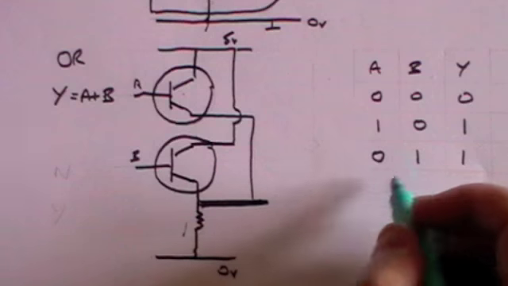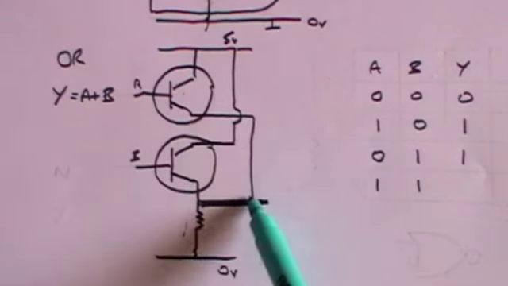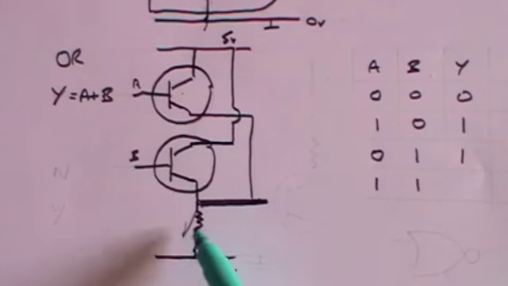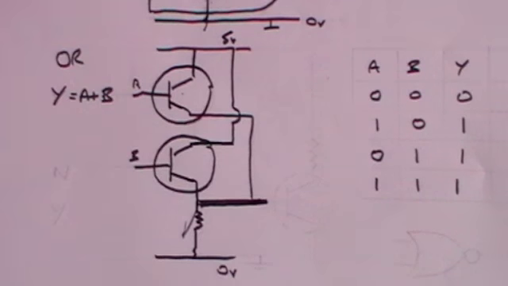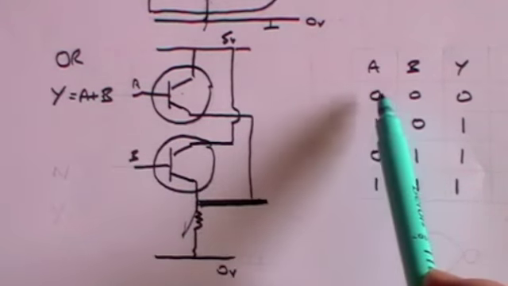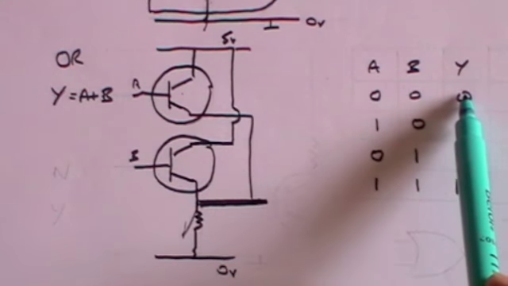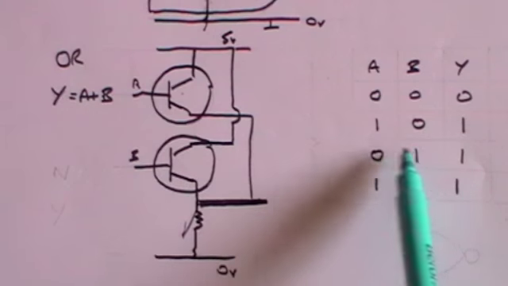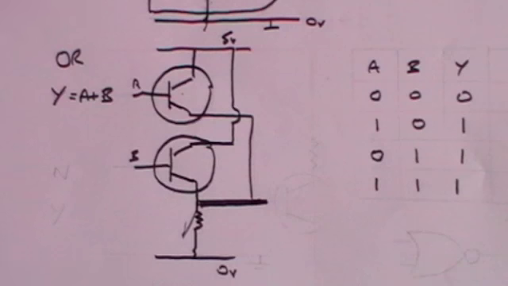And obviously if A and B both have positive voltages, then the current can flow both this way, and that means there will be a positive voltage on the output. So we've now got a device which says if you've got no voltage on the inputs, you won't get a voltage on the output. But if you've got a voltage on one or both of the inputs, you will get a voltage on the output.